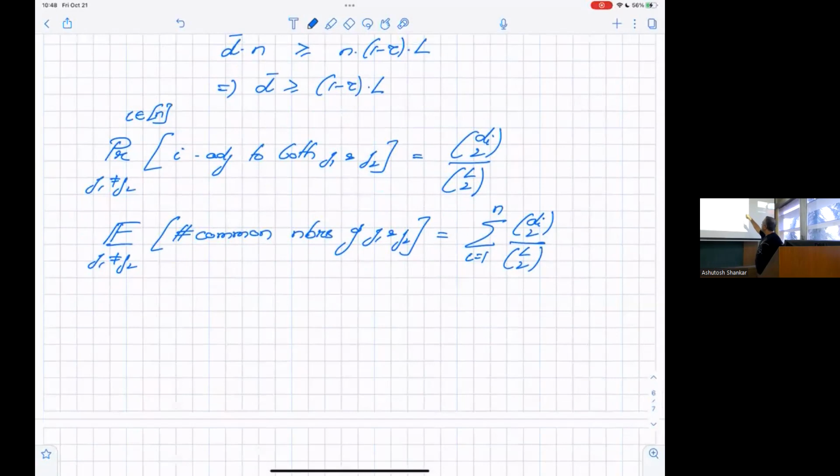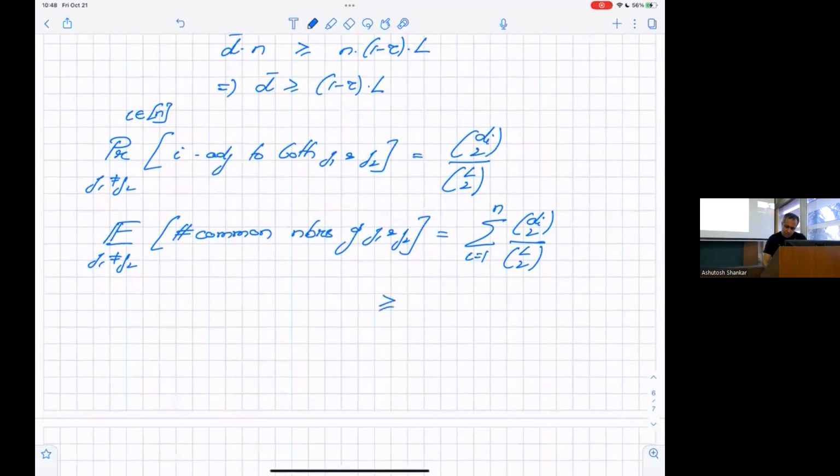I don't want to work with the summation of di, I want to use d bar. So I want to bound this from below by n times d bar choose 2 over L choose 2.